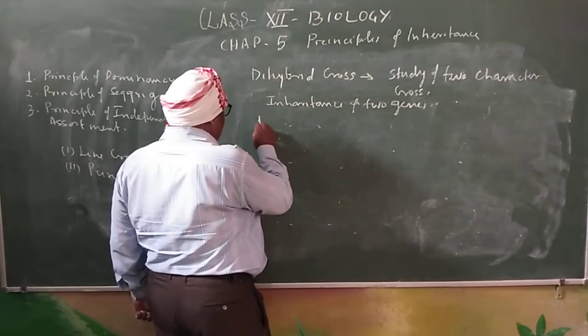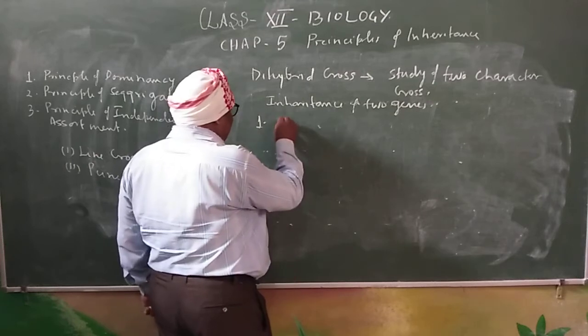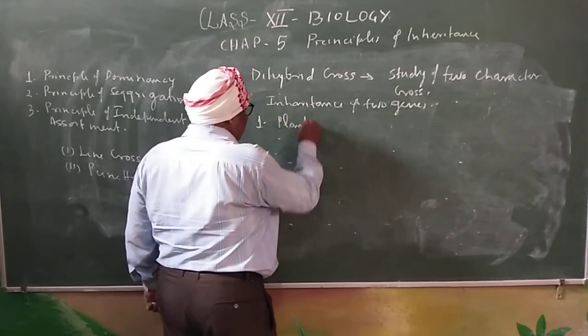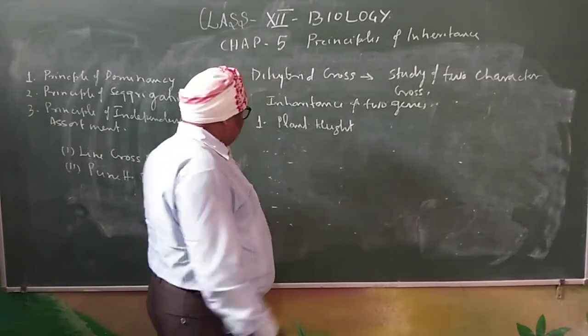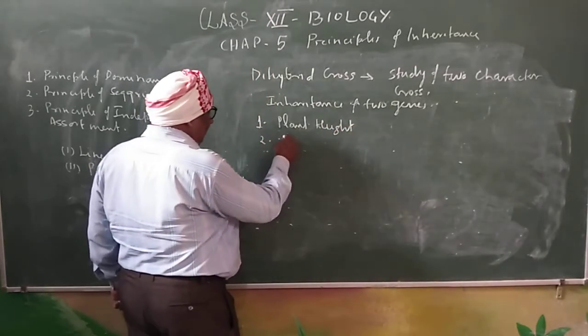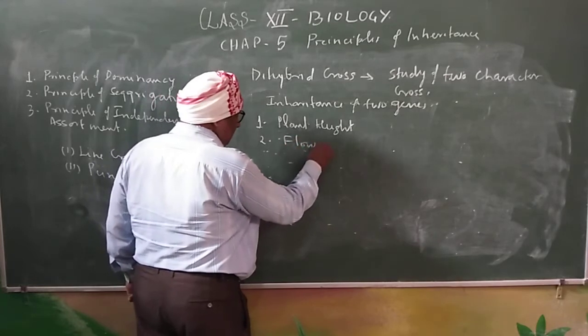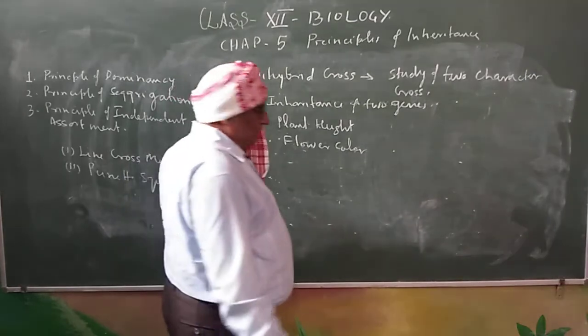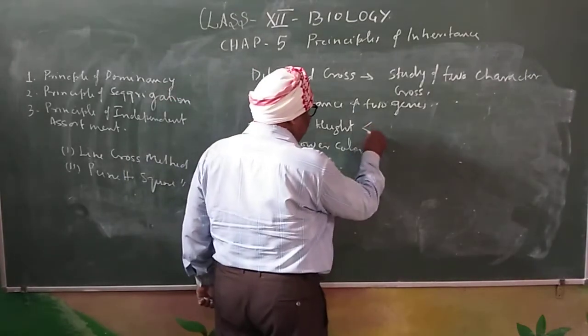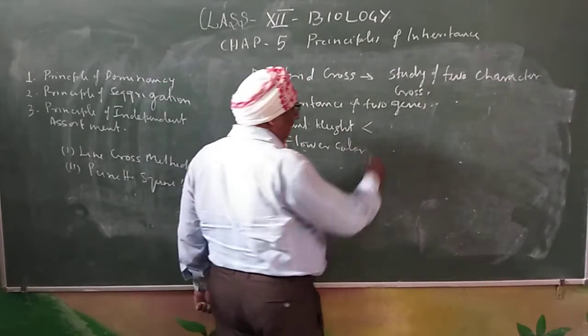Suppose character number 1 is plant height, and suppose character number 2 is flower color. You already know these two characters have two contrasting forms.